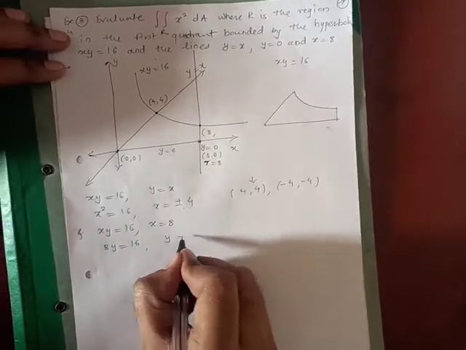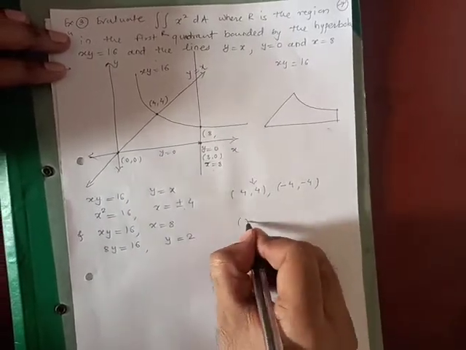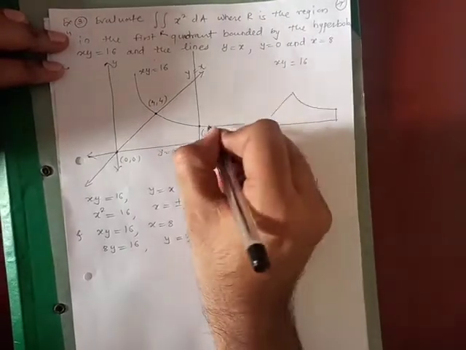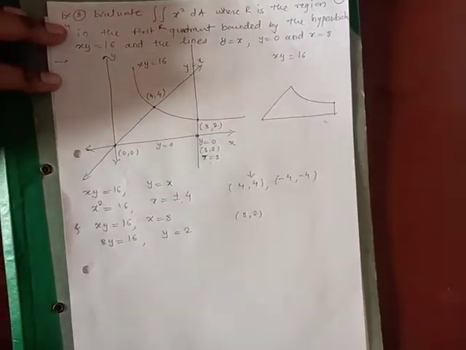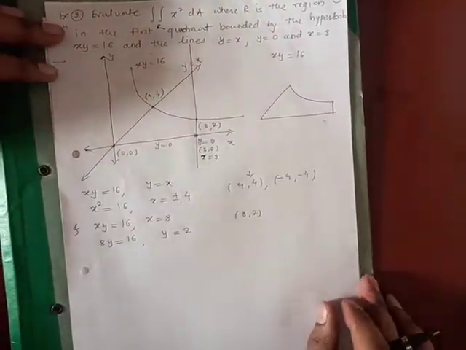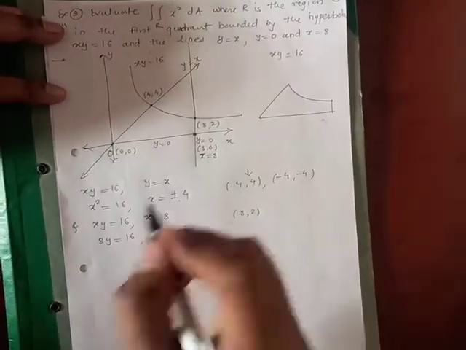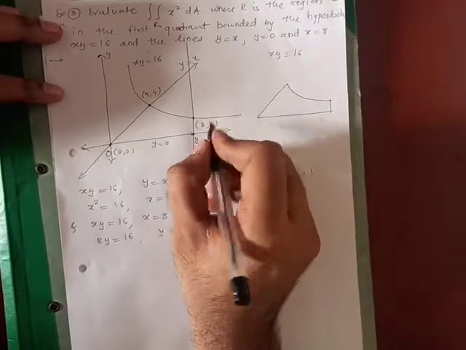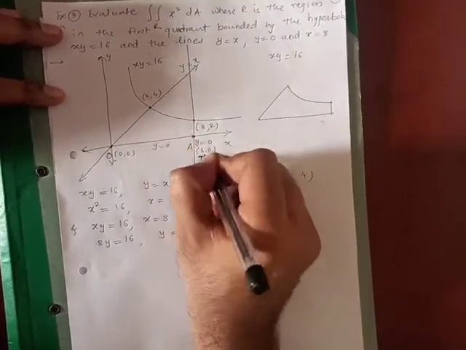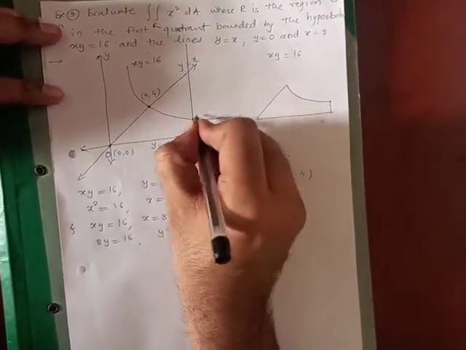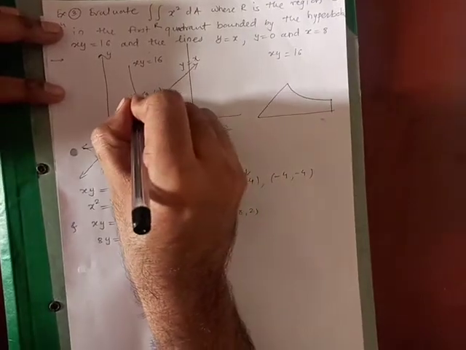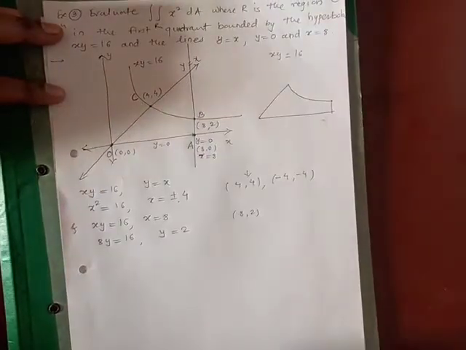This implies y is how much? 2, and therefore this point will be 8 comma 2. I hope it is clear to you. Let us name it as O, A, this is A point 8 comma 0, then B, and this is C point.